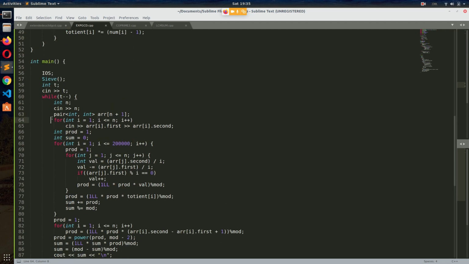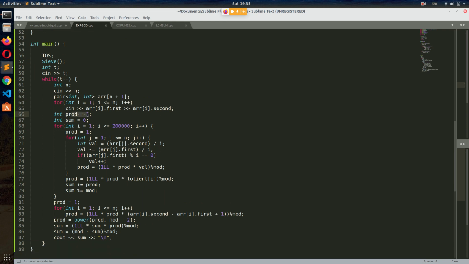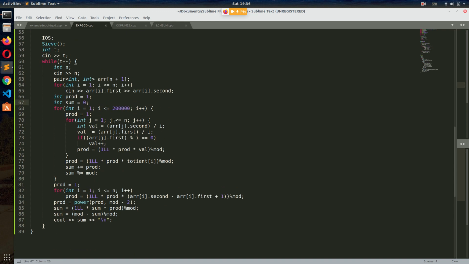So you just take all the ranges in the input. You calculate the product. The prod variable is for a single iteration, and sum is the answer variable here.